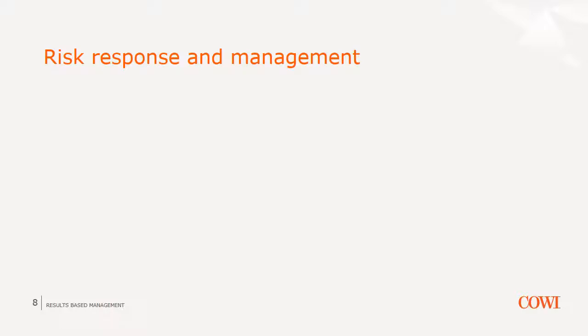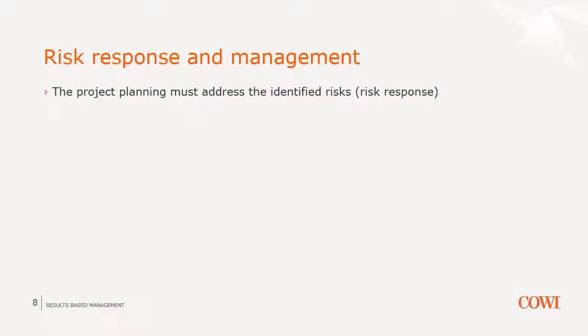The next two phases in risk management are risk response and risk management in the implementation phase. When it comes to risk response, there are several ways of handling risks. Sometimes it's possible to identify so-called mitigating measures that will reduce or eliminate the impact of the risks if they materialize.